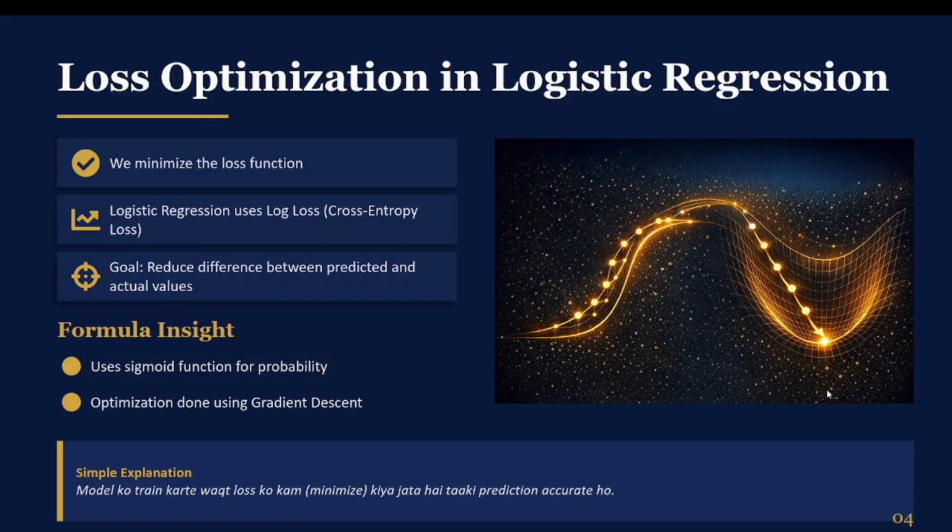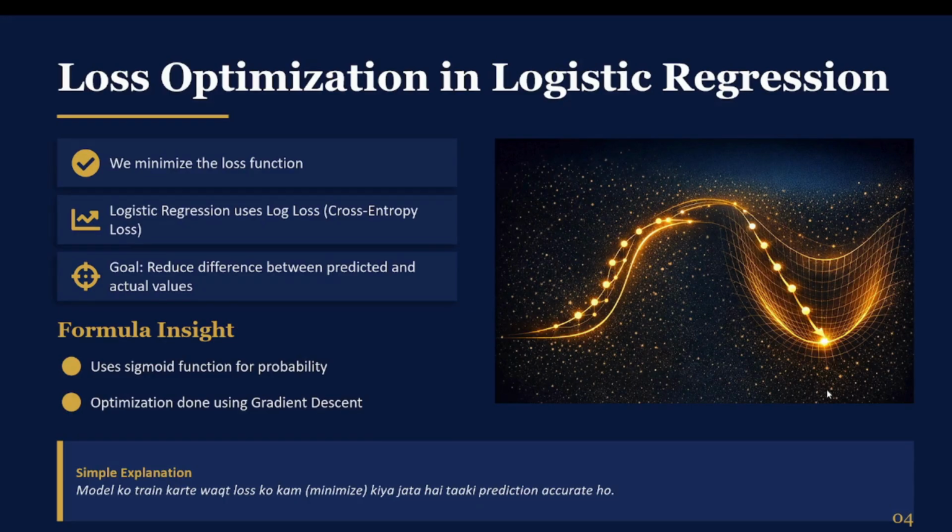To put it simply, the loss function measures how wrong the model is. During training, the model continuously adjusts its internal parameters using gradient descent to reduce this error as much as possible. The lower the loss, the more accurate the model's predictions are.